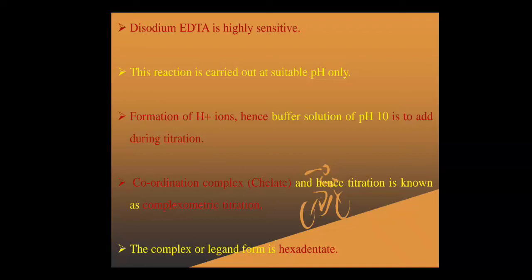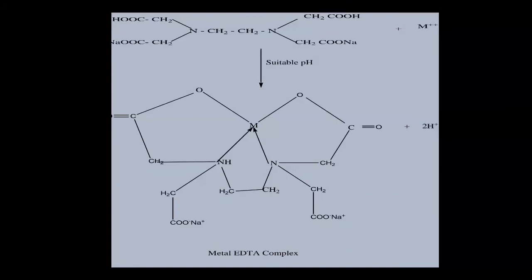The complex former, or ligand, is called a hexadentate ligand. There are 6 sites open to form the coordinate complex, a complex of calcium and magnesium. So how does this reaction take place?